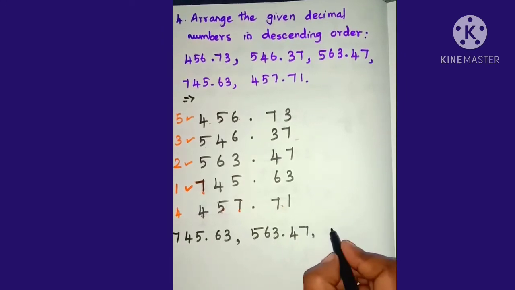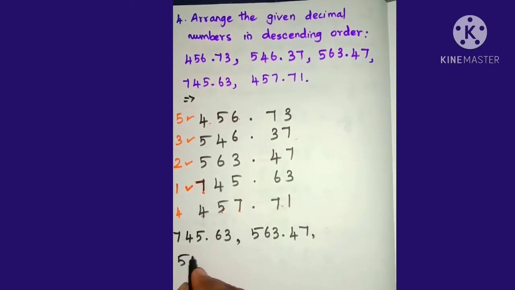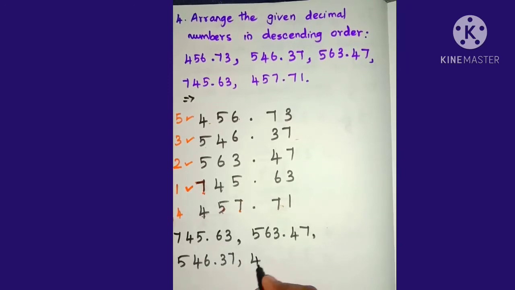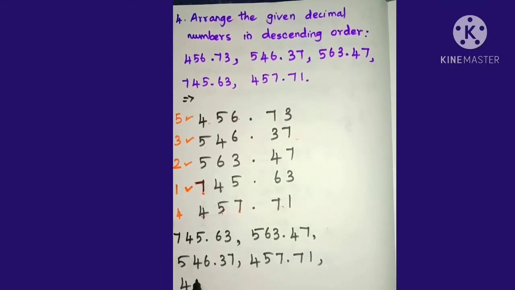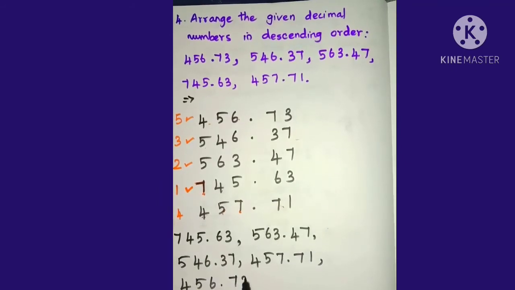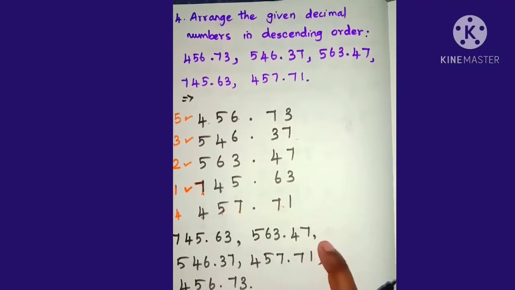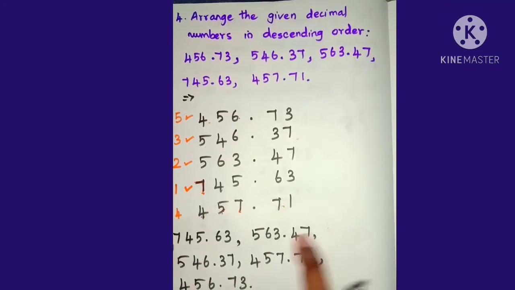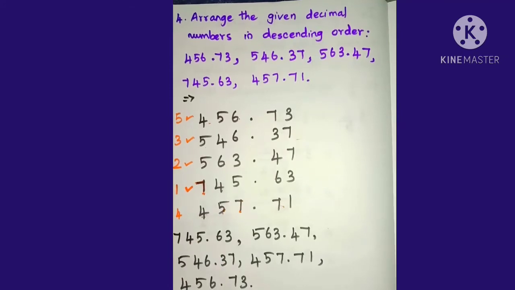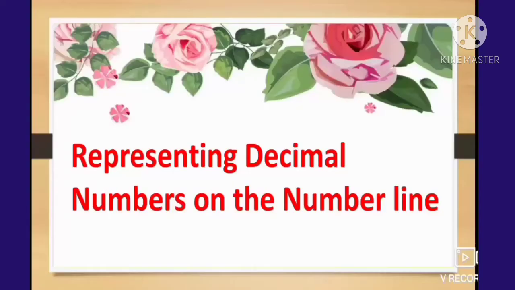And the third number is 546.37. Fourth number is 457.71. And the last number is 456.73. So this is the descending order from greatest, largest to smallest number. This is the descending order of given decimal numbers.